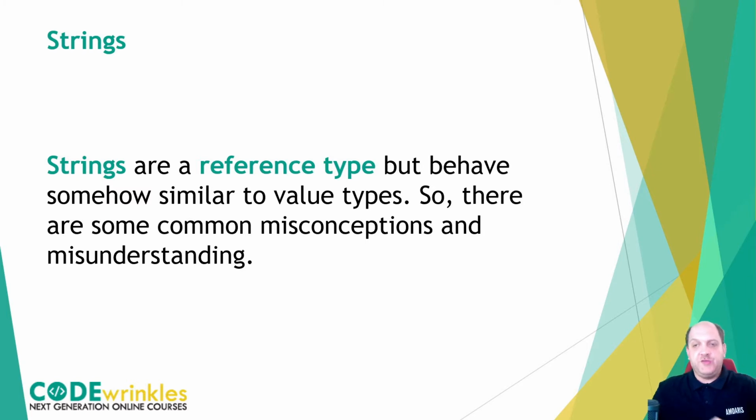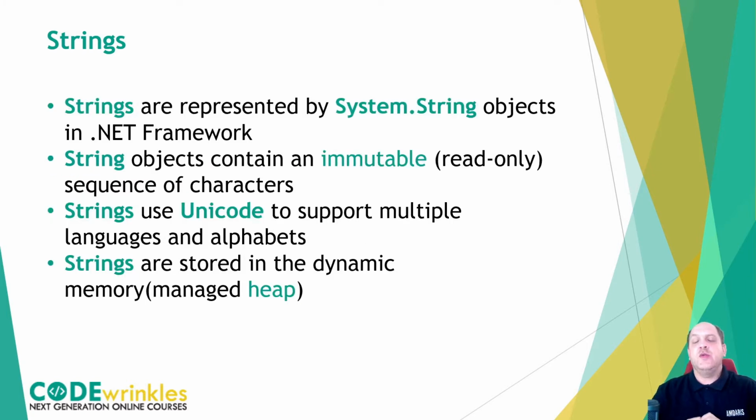Now, from this fact that strings are reference types, there are, of course, some consequences. So the first thing is that strings are of course stored on the heap because they are reference types. But on the other hand, there are some other very important characteristics of strings that you really need to know, especially if you go to your first interview.